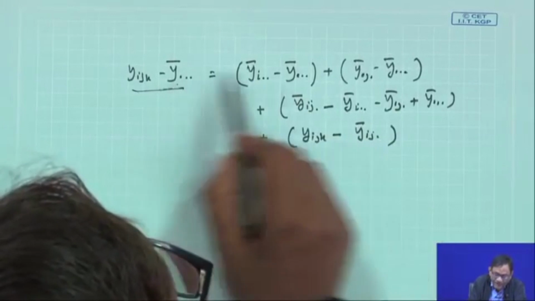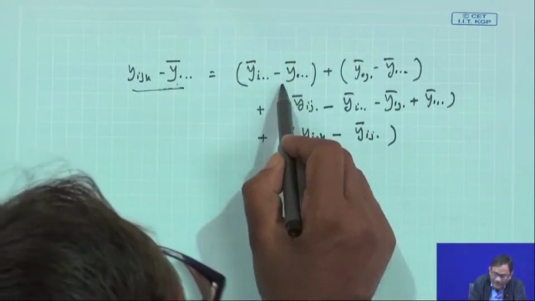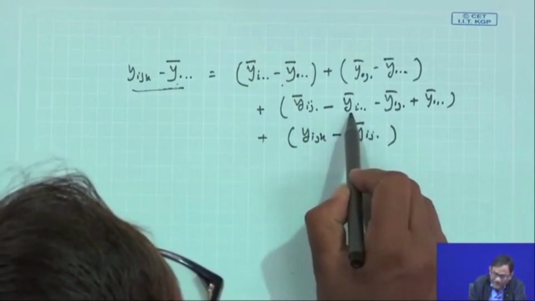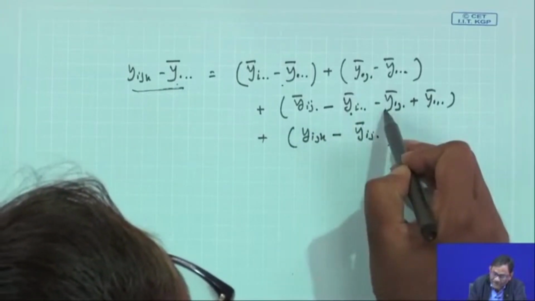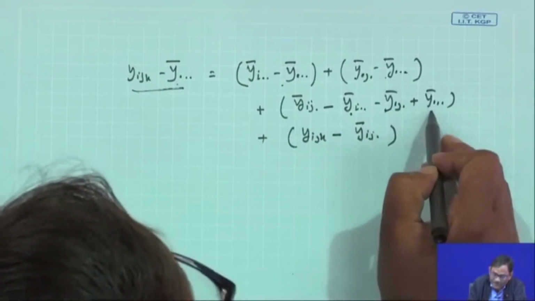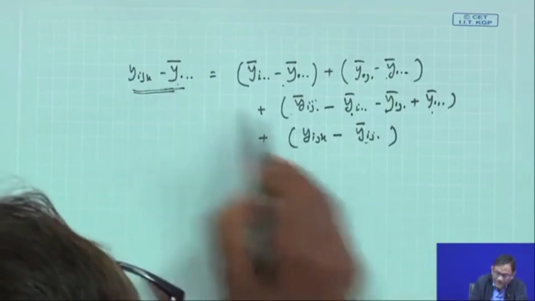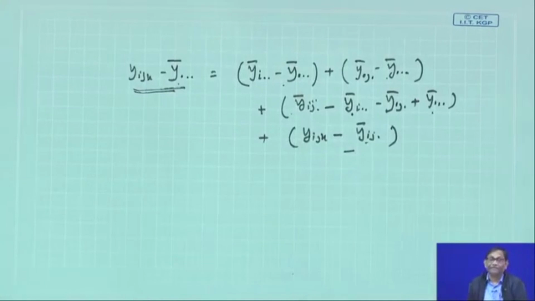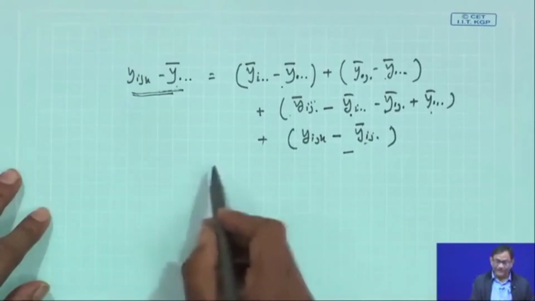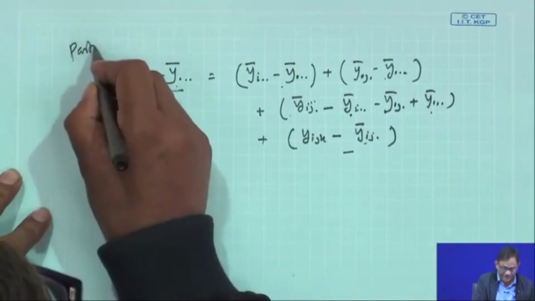So, this and this will cancel out, this and this will cancel out, and then this side and this side will be the same.